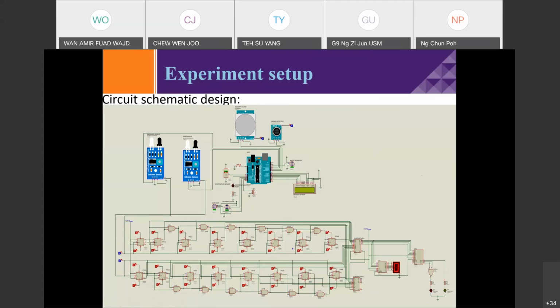Before they enter, they need to scan their body temperature. If their body temperature is above 37 degrees Celsius, the red LED, the alarm, and the LCD will be activated. And then the PIR and smoke detector here will be the sensors for intruders and for fire outbreak situations. Okay, next.